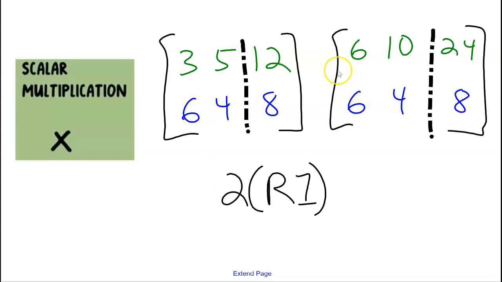It's notated like 2 times R1. That R1 means row 1. So I'm going to take the first row and multiply it by 2. I multiply this whole top row by 2, and I got 6, 10, 24, and I left the second row alone. Scalar multiplication.